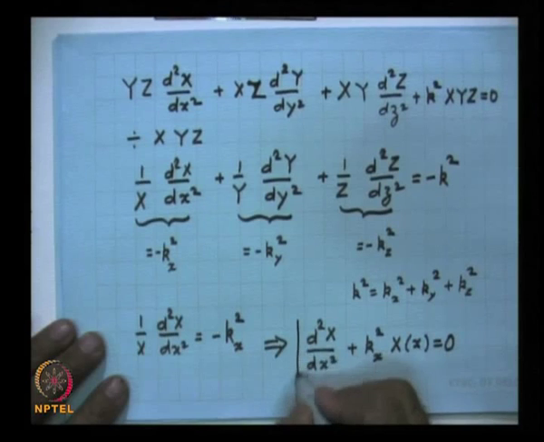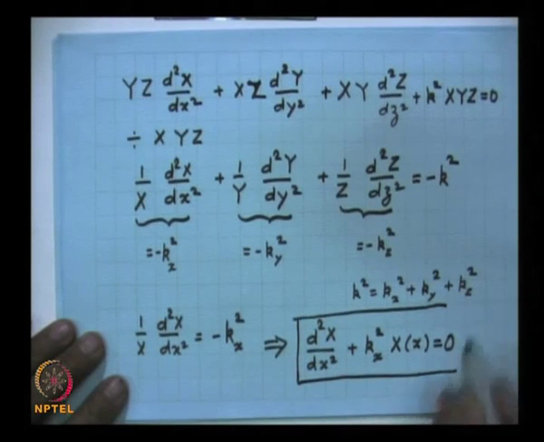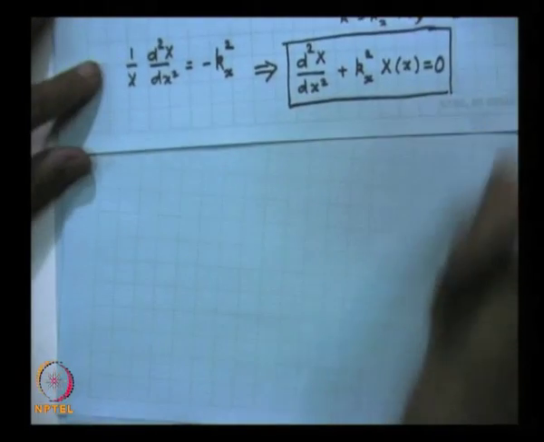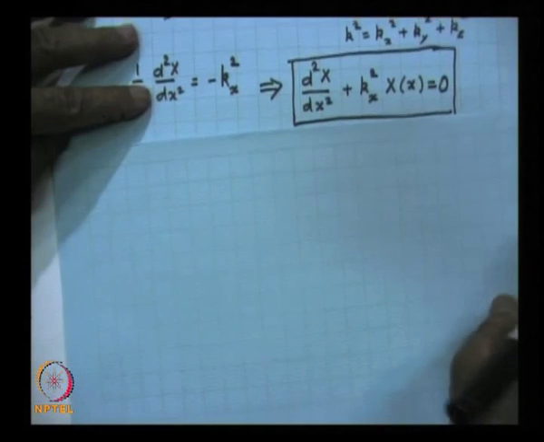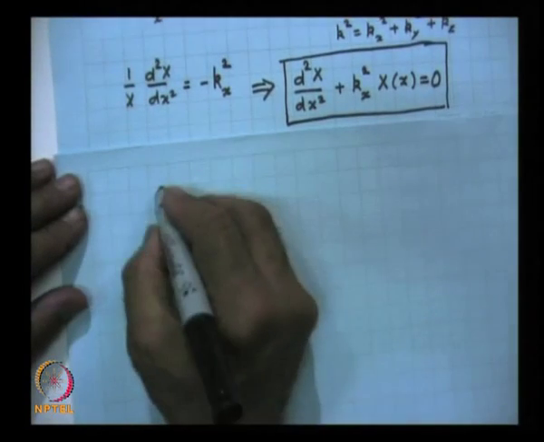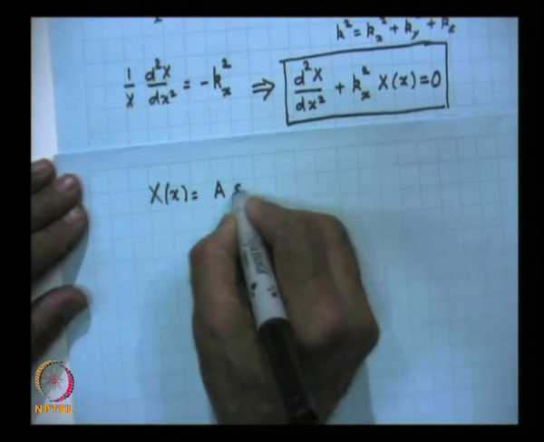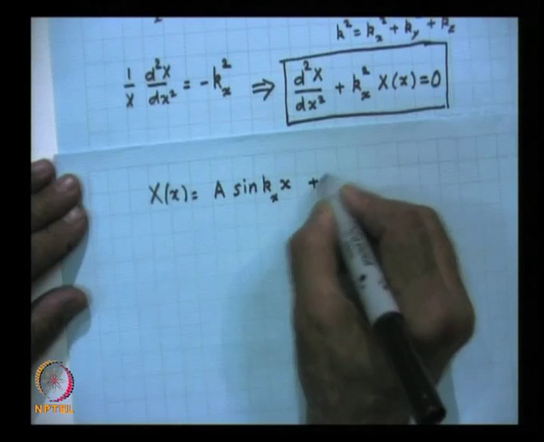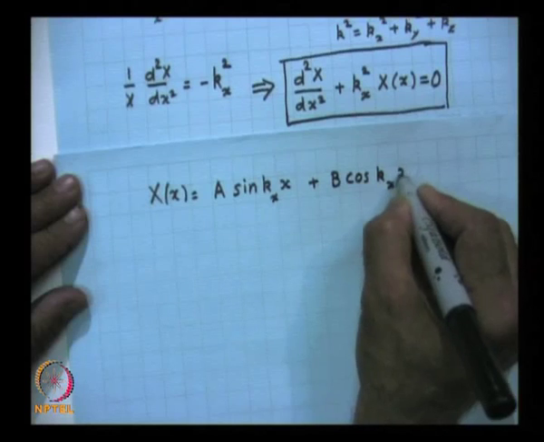Now, this is a simple second order equation, and I know the solution: X of x is equal to A sin k x x plus B cos k x x.